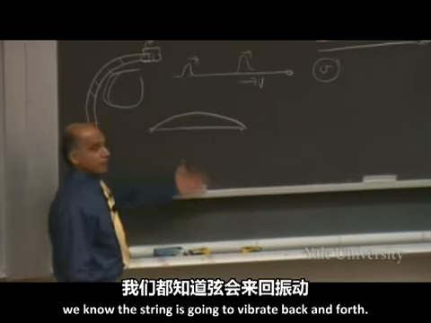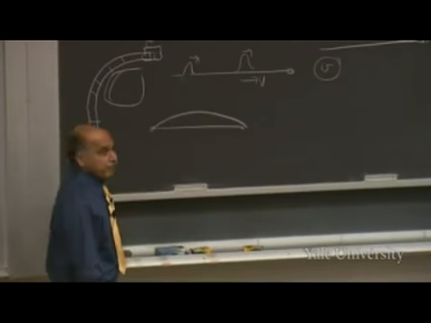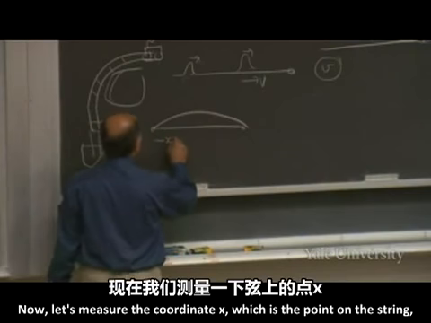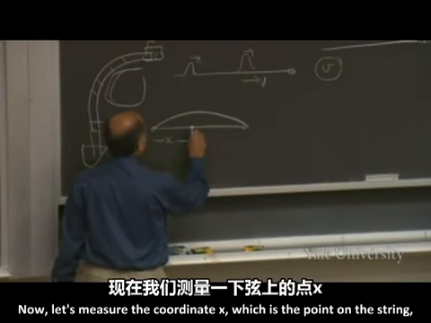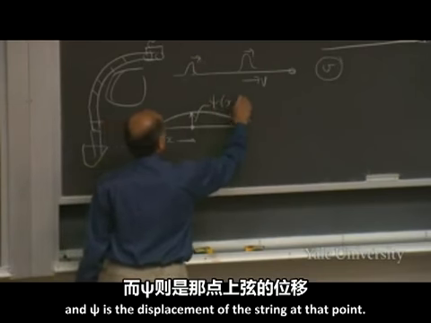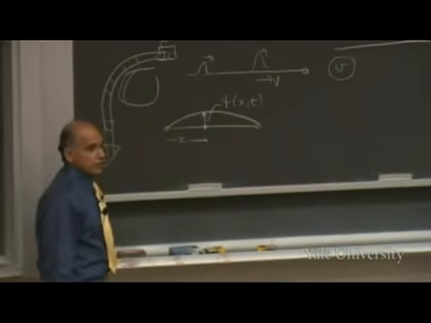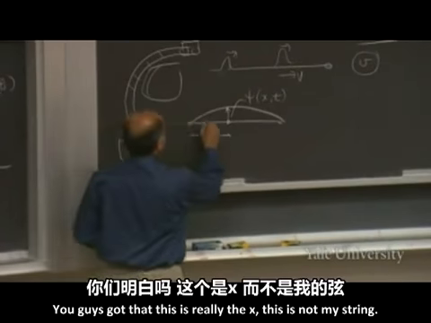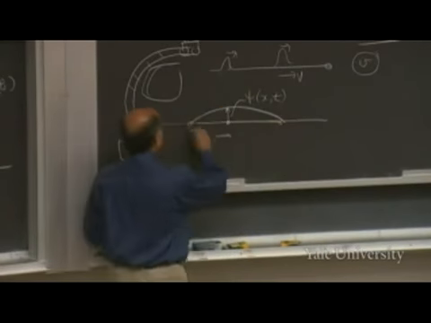We know the string is going to vibrate back and forth. Let's measure the coordinate x, which is the point on the string, and psi is the displacement of the string at that point. You guys got that? This is really the x-axis. This is not my string. That is my string.